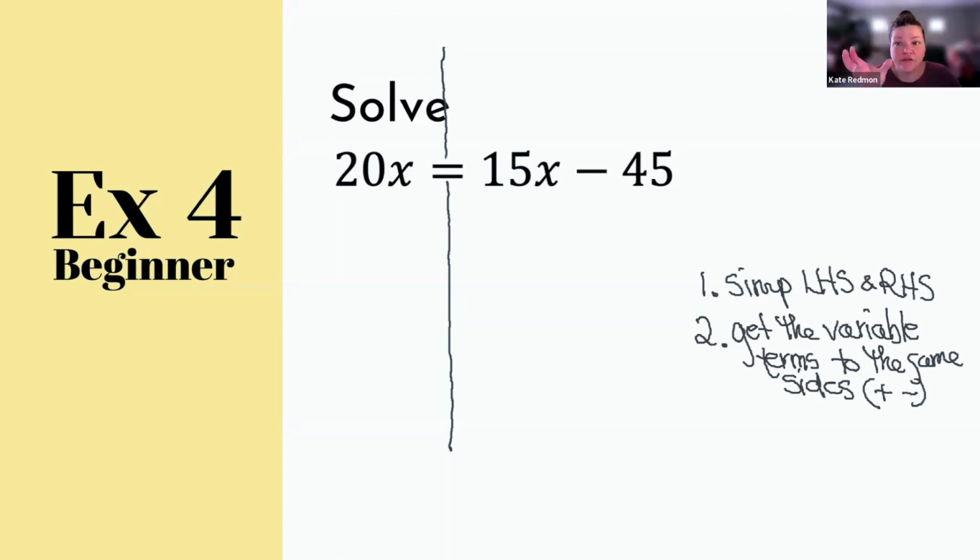What I want to do is take one of those numbers of X's and move it across the fence. Now you can see that on the left-hand side, I've got just some number of X's, but on the right-hand side, I have some number of X's and a plain old number. So I'm going to take the X's from my right-hand side and I'm going to move them across the fence.